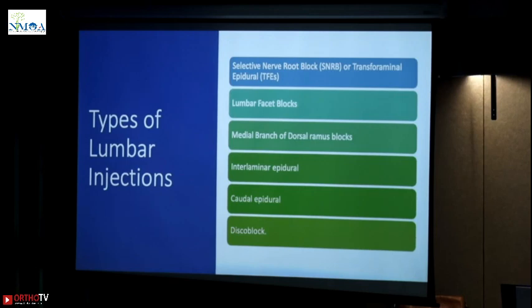They can be lumbar selective nerve root blocks or transforaminal epidurals, facet blocks, which are the intra-articular facet blocks, the medial branch of the dorsal ramus of the spinal nerve, blocking that branch, the interlaminar epidural, the caudal epidural, and I have also included disc block as the anterior segment block. So the facet and these are the posterior segment blocks, the epidural is the middle, your canal segment, and the disc is the anterior segment.